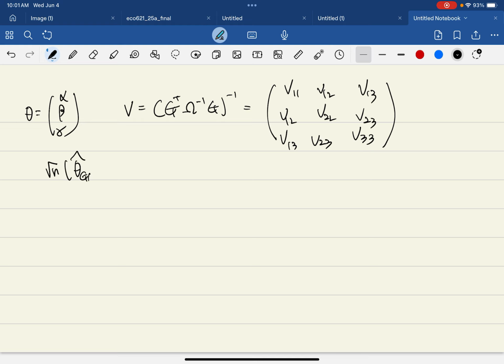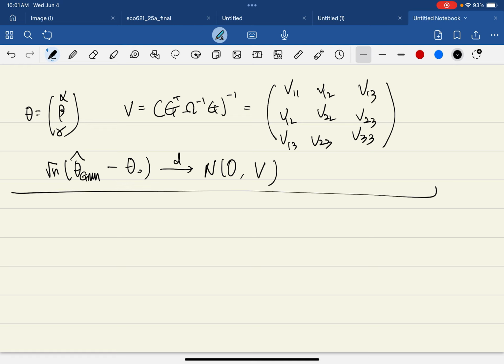Your GMM estimator minus the truth will go to normal 0, V. So this is the asymptotic result that we derived in the previous questions.